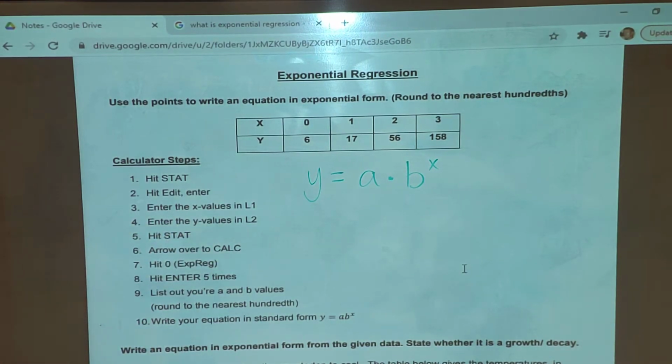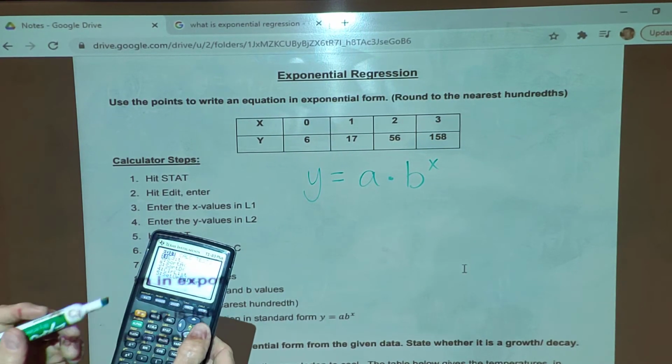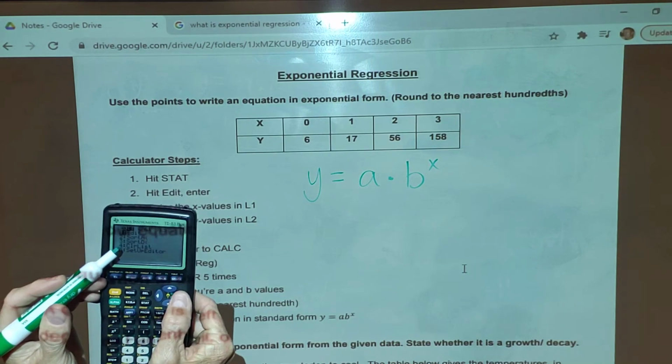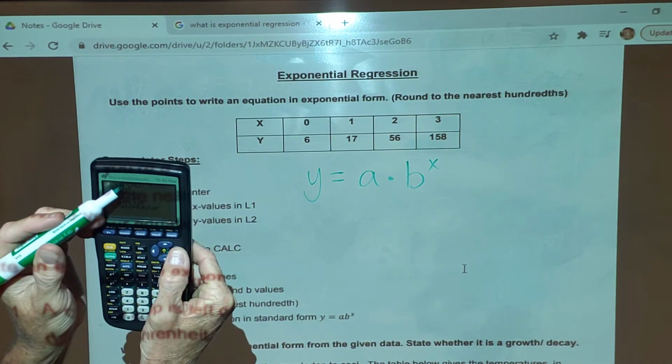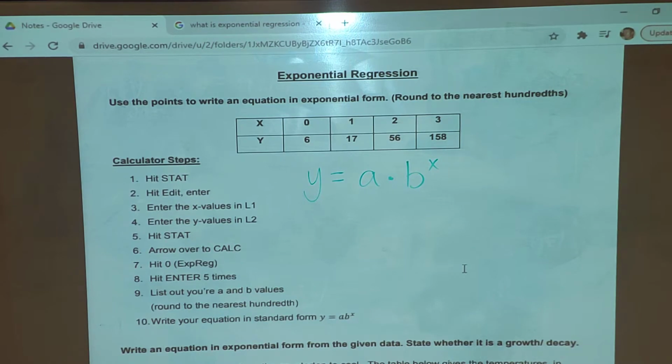Okay, once I've entered my X and Y values in L1 and in L2, I'm going to again hit the Stat button. Now I will arrow over to Calculate. Up top, I'm not sure if you can see that with the reflection, probably not, but I will go over till it's highlighted on Calculate. Just arrow once to the right will get you there. Now, if you press 0, that is for exponential regression.